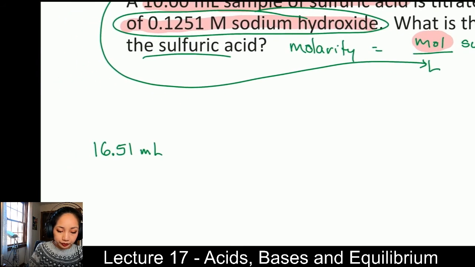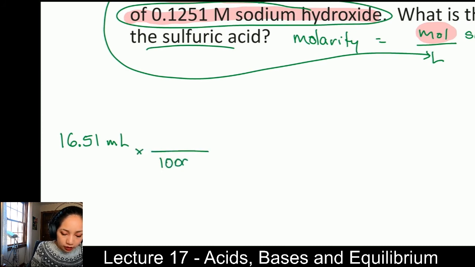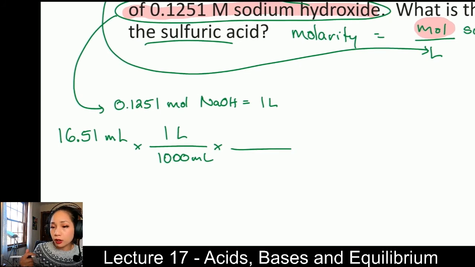So if we start with 16.51 milliliters of sodium hydroxide, let's convert that to liters. Now we have liters of sodium hydroxide. We can rewrite that molarity as 0.125 moles of sodium hydroxide equals 1 liter of solution. So we can use that volume and the molarity to figure out how many moles of sodium hydroxide we used.